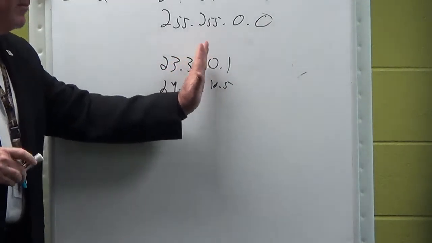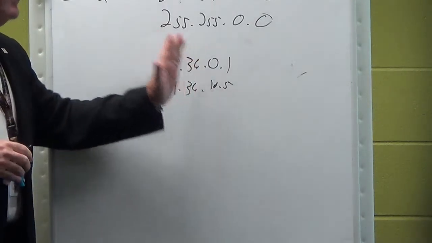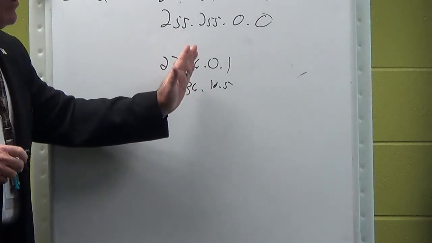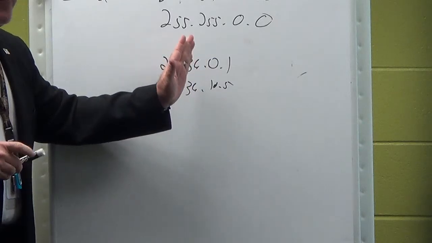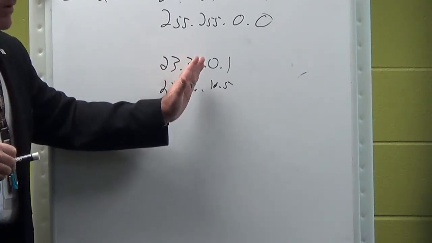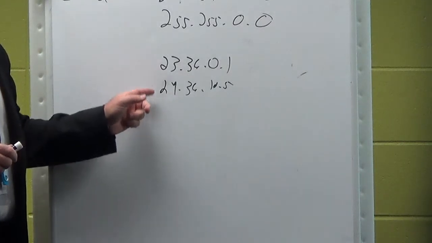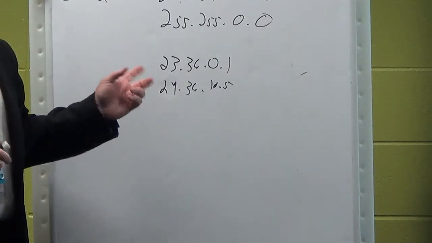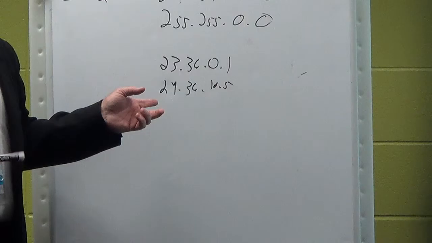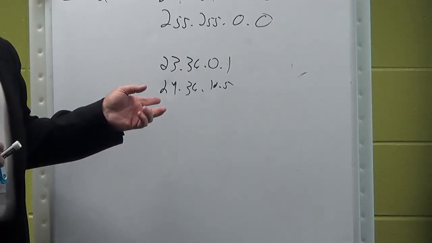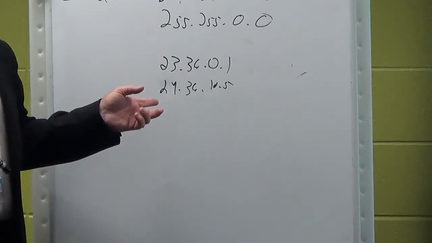The first two numbers are not identical, which tells me that they are in different what? Different networks. In order for those two devices with those two IP addresses to communicate with each other, what would have to be in between them, Zach? Switch. Not a switch. Gabe, what would have to be there?